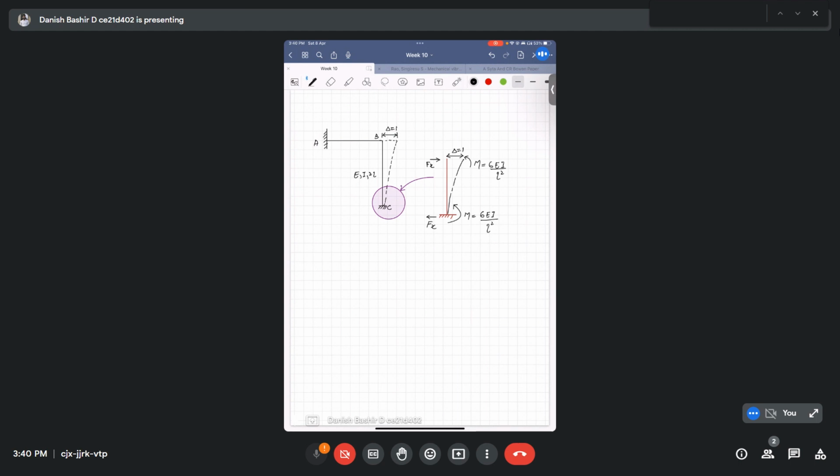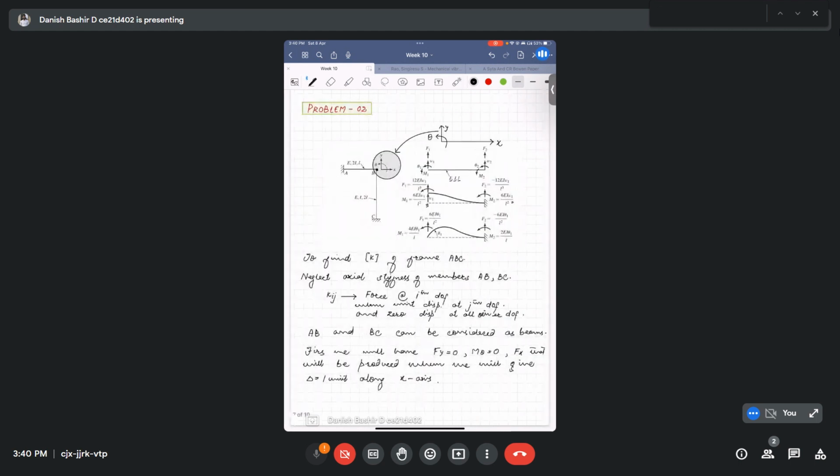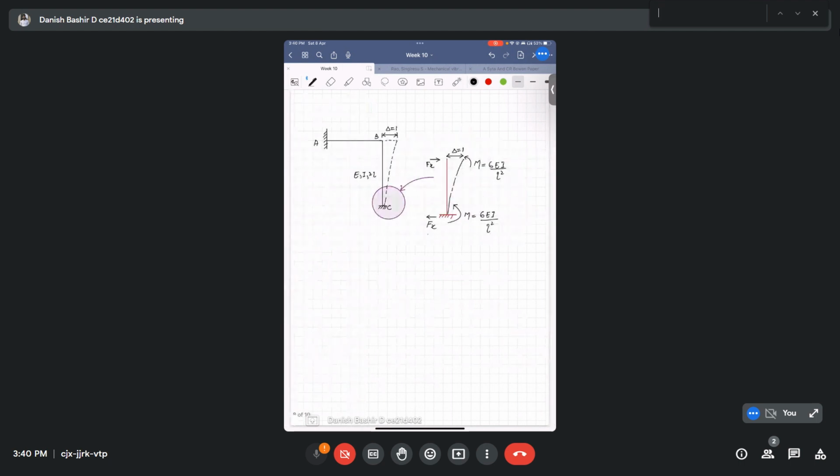As I already mentioned, in the formula here we have Fx equal to 12 EI delta by L cube. So it will be 12 EI, delta is 1, by L cube, and it will be again here 12 EI delta by L cube. Okay. So what is the force that will be developed?